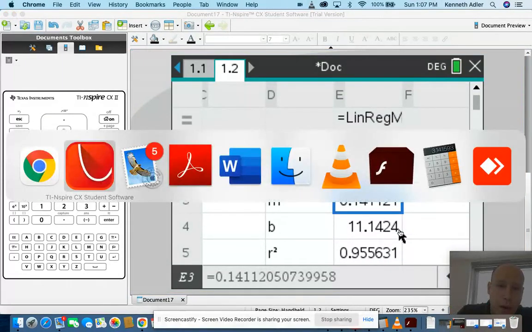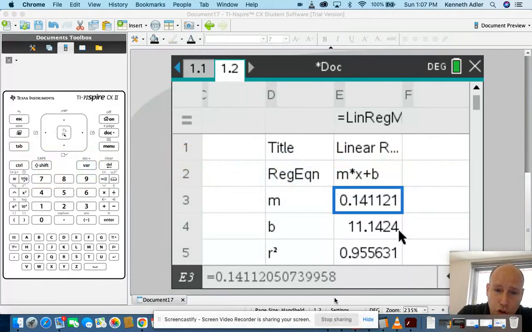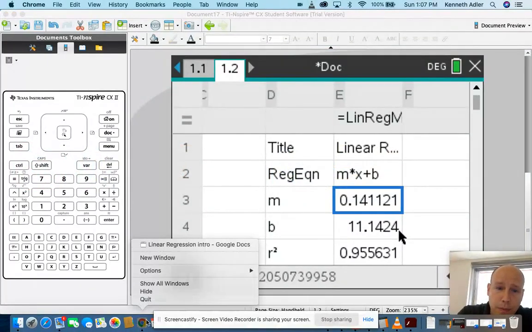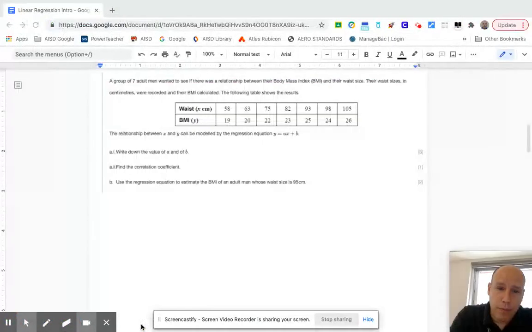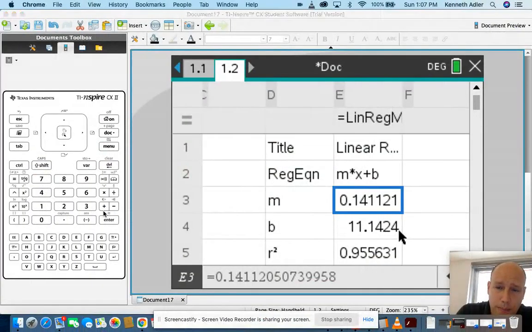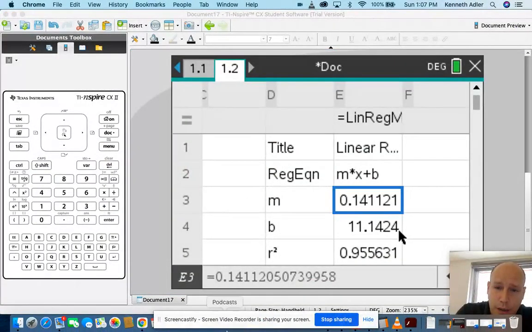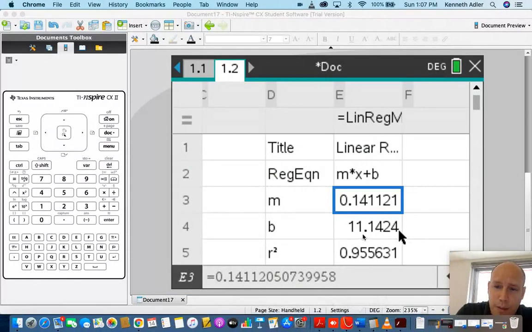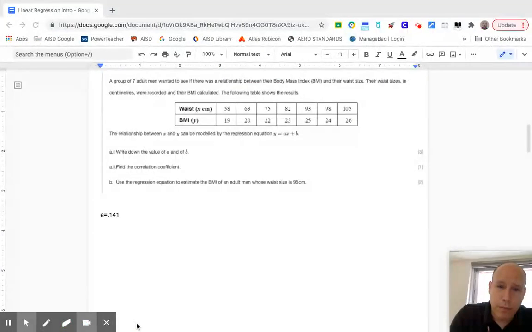So let's go back to the question. A is 0.141. Is that 0.141? Yeah. And then the B, let's hide this. The B was 11.1. Nice.